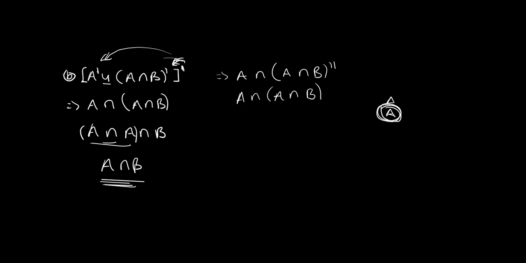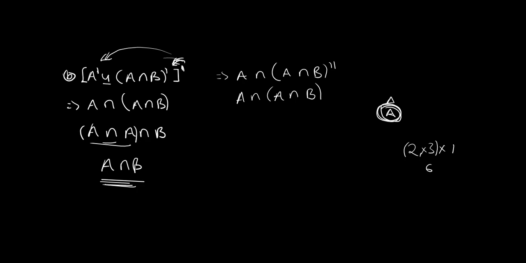All right, so what do we do from there? We can just associate. They are all intersecting, so when they are intersecting, it's the same thing when you put the brackets. If I give you 2 times 3 times 1, and I put the brackets like that, it still gives you 6.